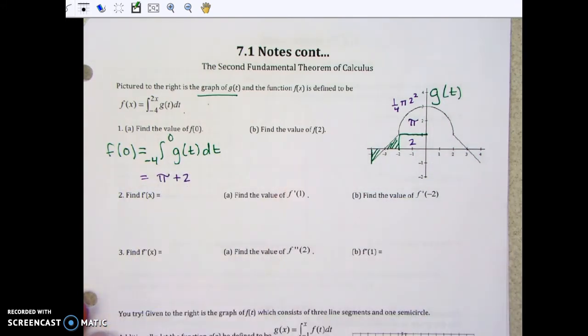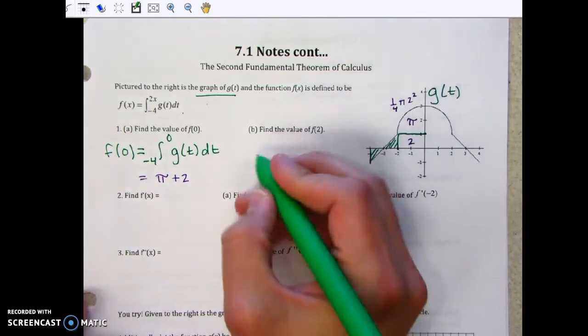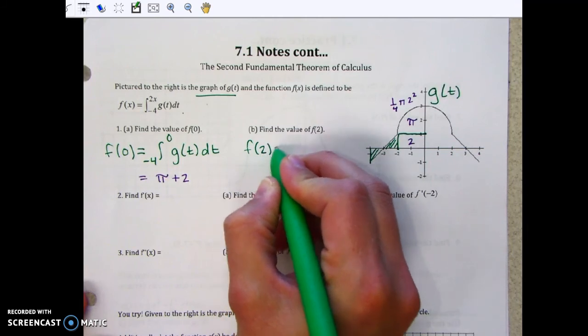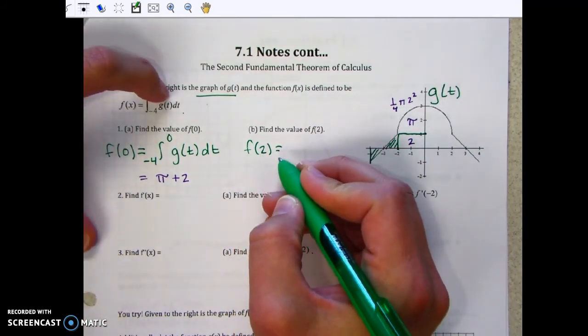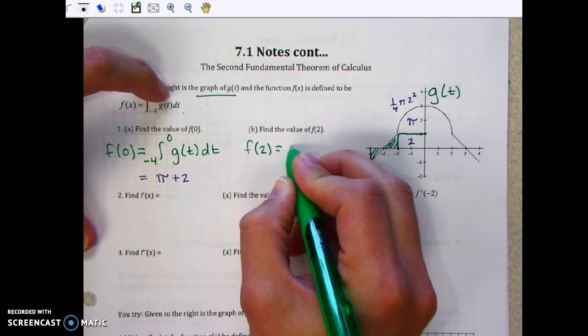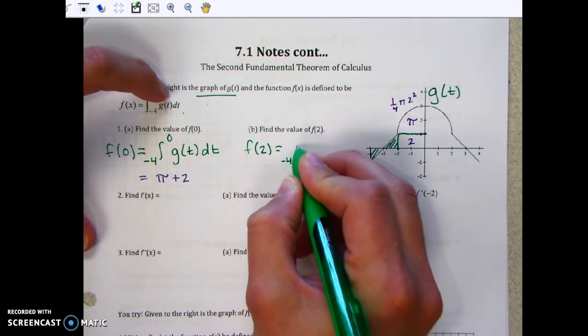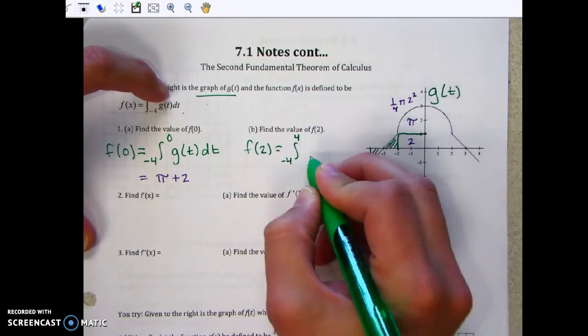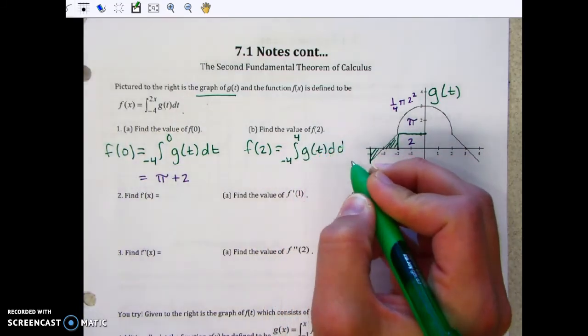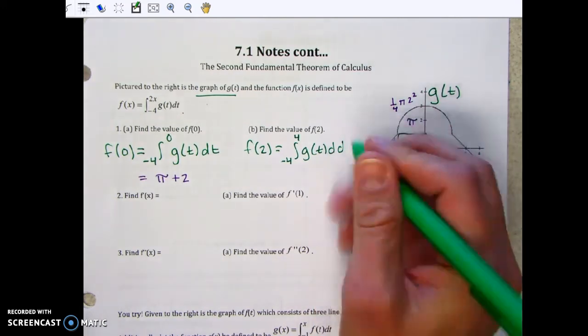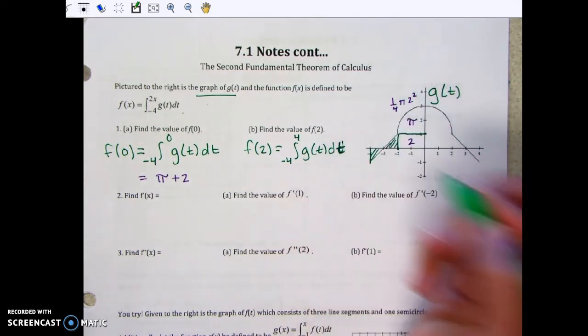What does this say? Find the value of f of 2. So don't just write equals, okay? We have to write f of 2, and you need to think about this. This is f of x, so it says take my x and replace it with a 2. So we're going to do 2 times 2 is 4 of g of t, and g of, here I go, doing math without my whiteout. This is a t, okay?